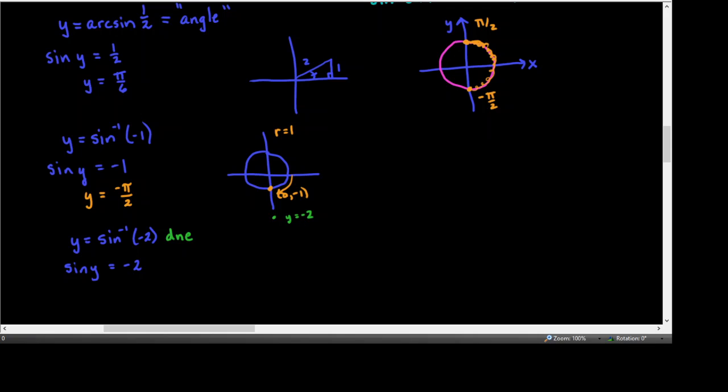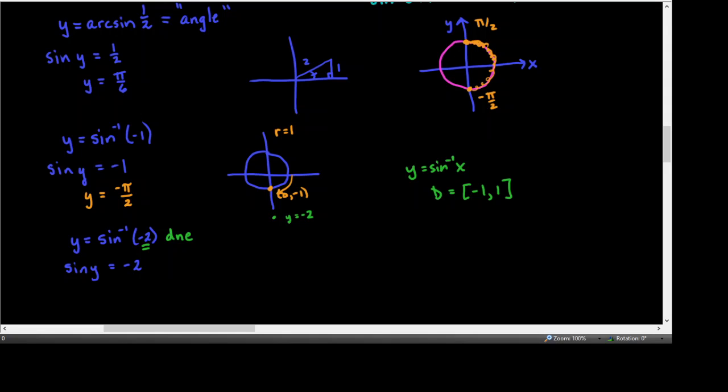Another reason I can say that is, if you'll recall, our domain for sine inverse, so for y equals sine inverse of x, its domain is -1 to 1, and -2 is not in our domain, which means it doesn't have an inverse sine value.